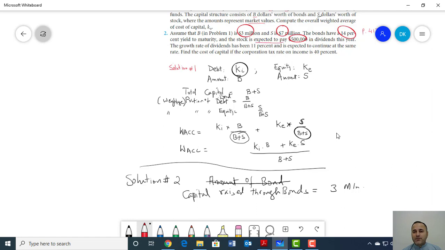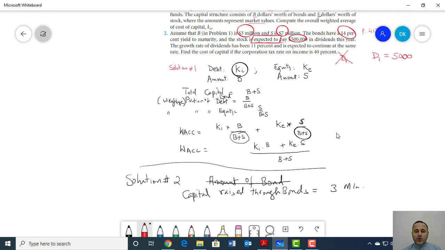This dividend has not been paid yet. So this one is not D naught, not the dividend for now. This is actually dividend D1. So D1 is equal to $500,000, and the reason is this wording, expected to pay.